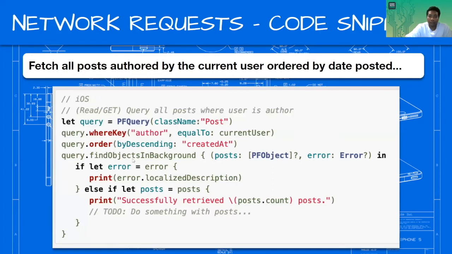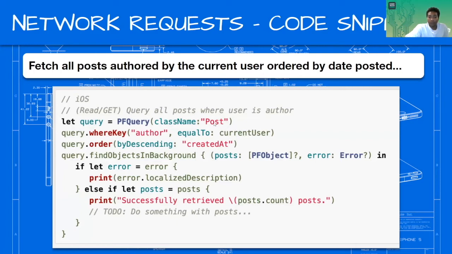So right here, a code snippet for querying the post. As you can see, you can query where the author, which will be stored in your backend that you use to retrieve this data, equals your current user.